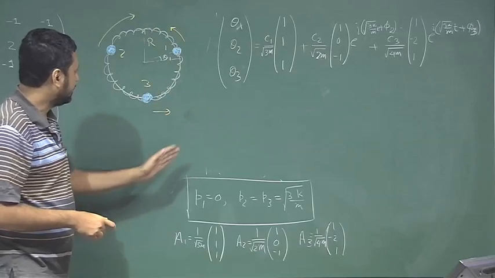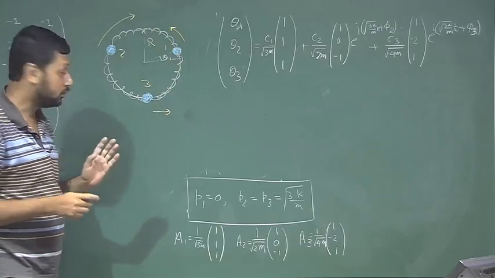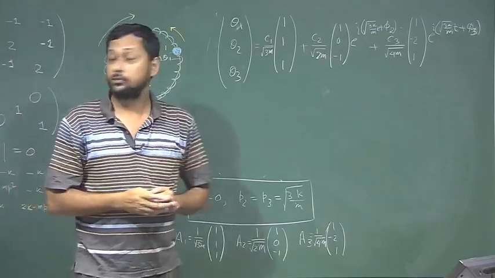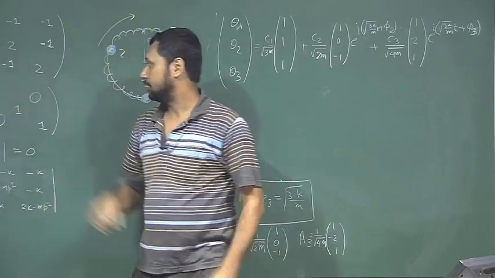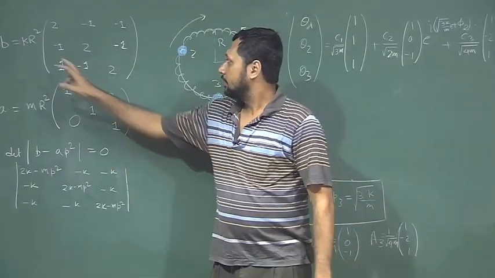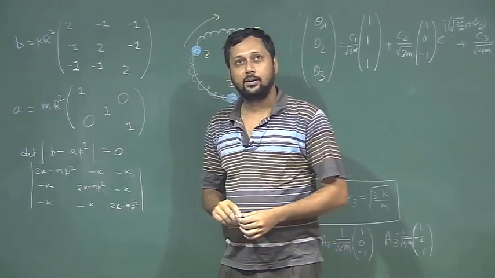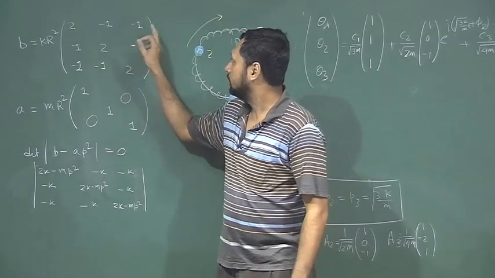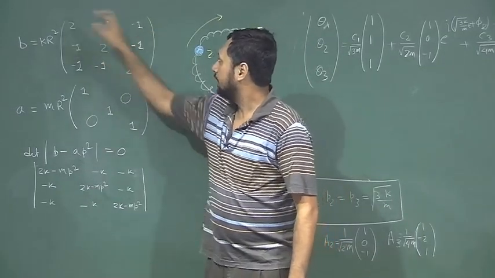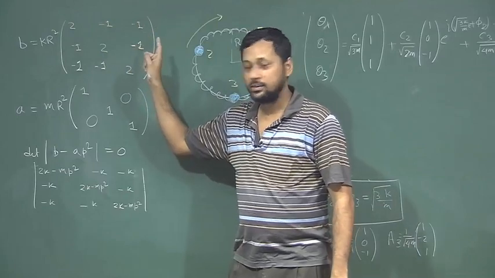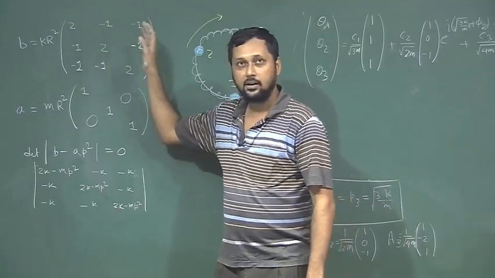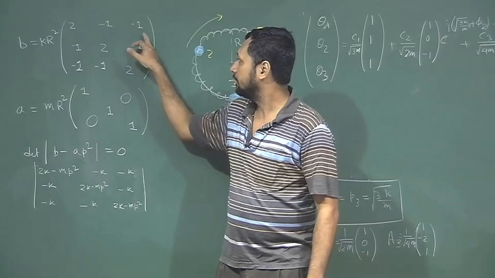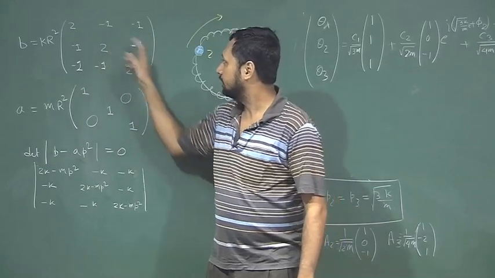So, this is a very good example and why I chose this problem to begin with, because if you look at the matrix, the B matrix especially, all these are connected, right. So, we have a connection between the first and the third mass through this matrix. Similarly, we have a connection between second and third.